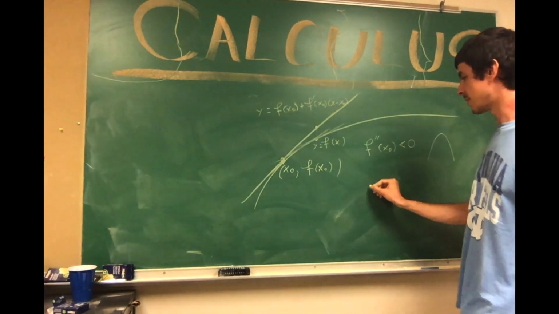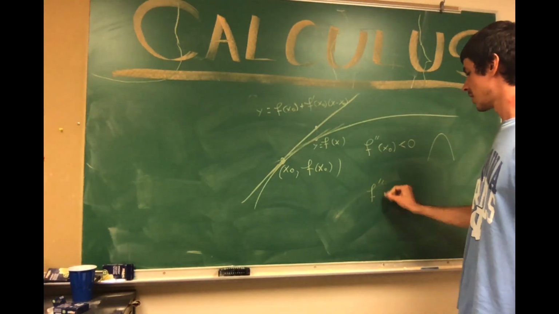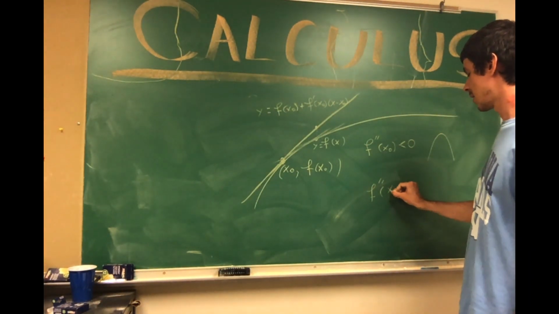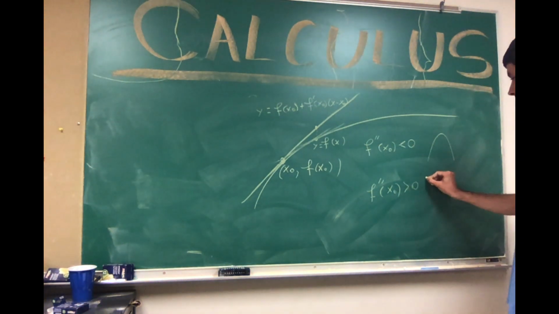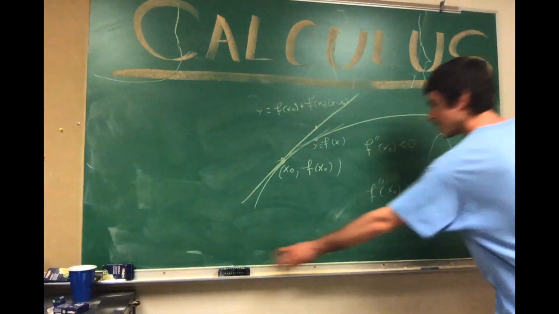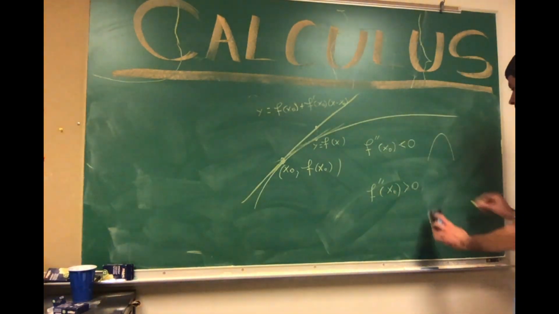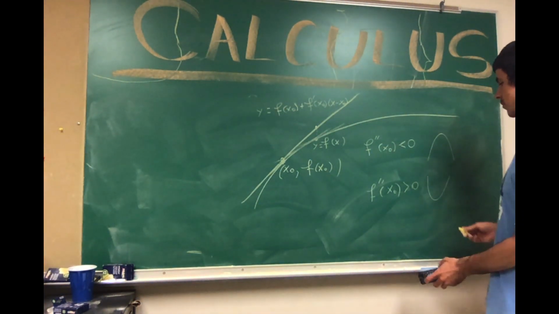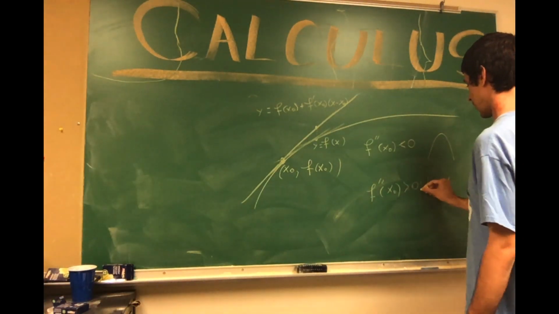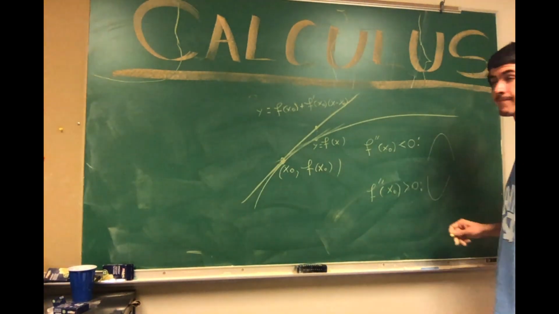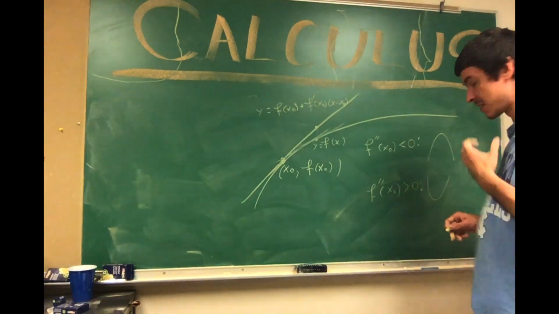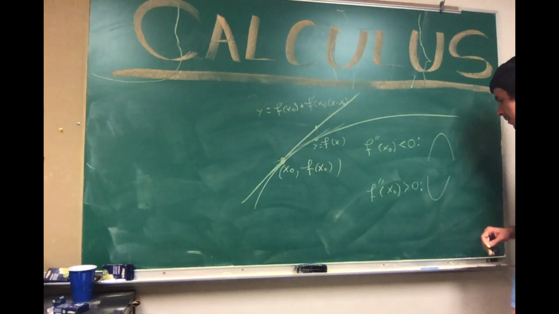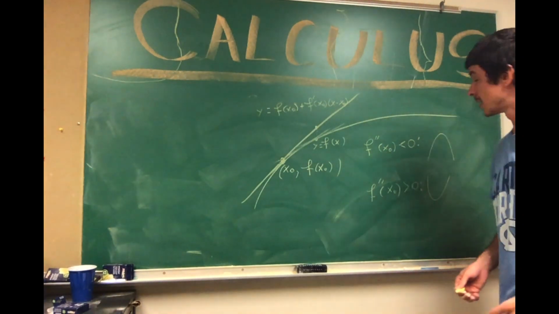And then the archetypal shape for positive curvature is a U shape, like the graph of y equals x squared, an upward opening parabola, which has curvature 2.